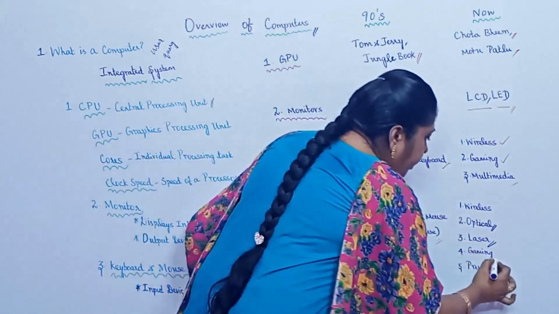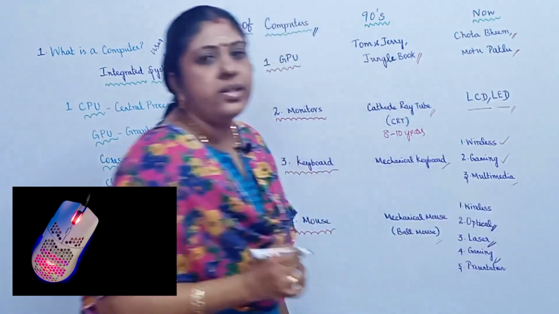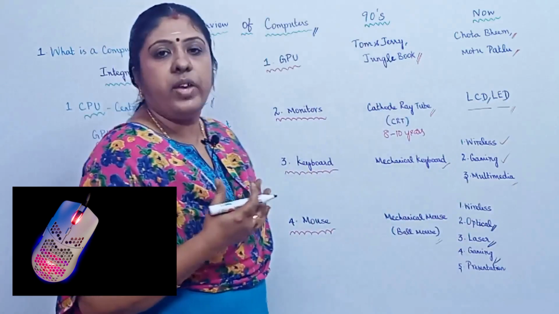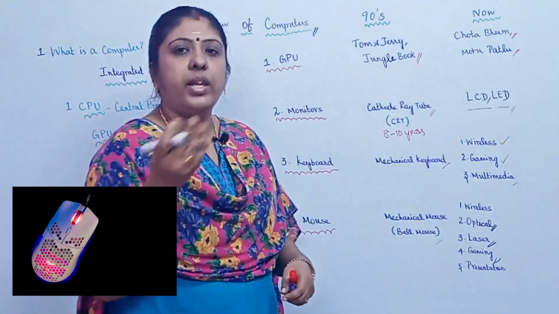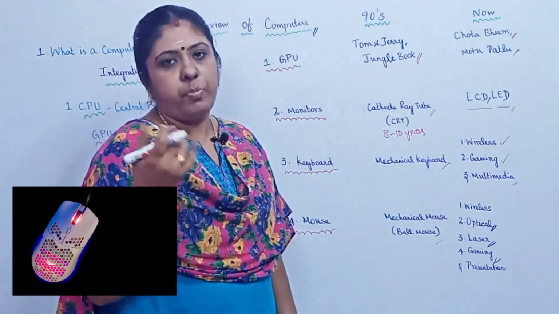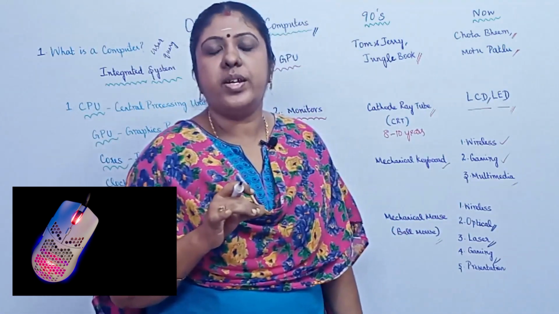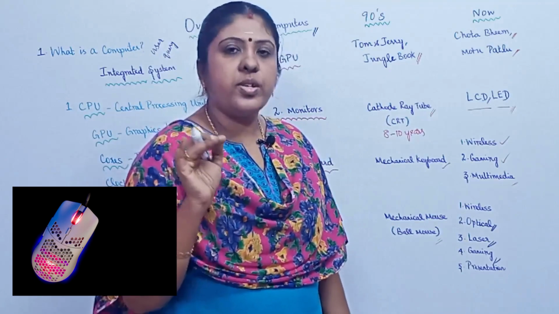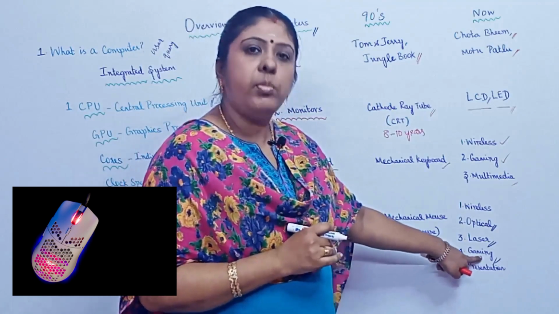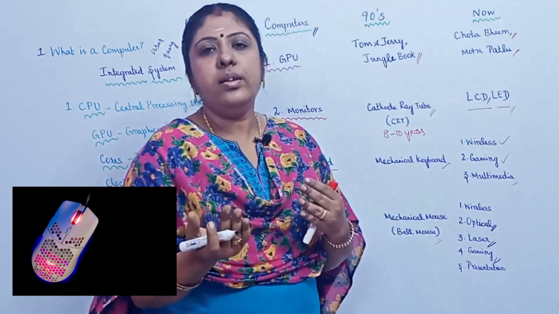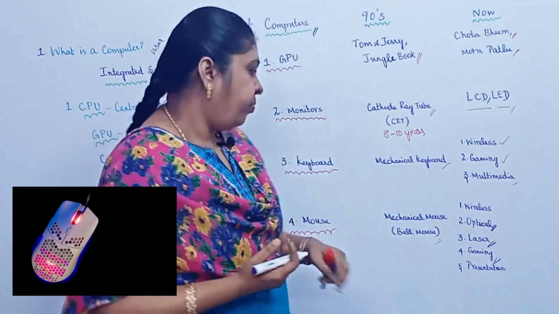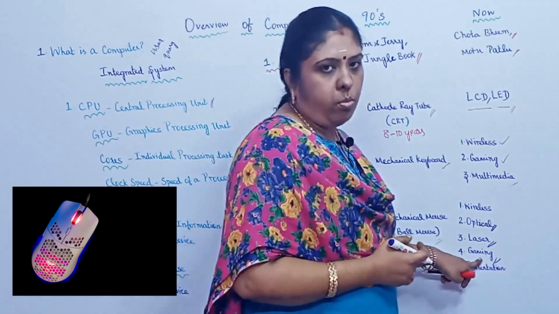And next comes the gaming mouse. Normally in the mouse we have a right click, a left click and a central spin wheel. In the gaming mouse it has some additional buttons and each will be programmable to control the gaming options. That is called the gaming mouse.